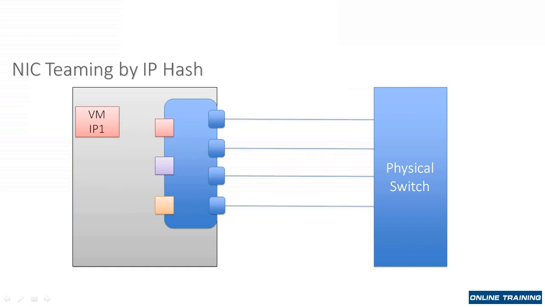IP hash is a little bit different. IP hash distributes traffic based on source and destination IP. For example, if this virtual machine is generating some traffic towards destination 1, destination 1 has its own unique IP address. So based on the source IP and the destination IP, a physical adapter, in this case VMnic 1, will be chosen.